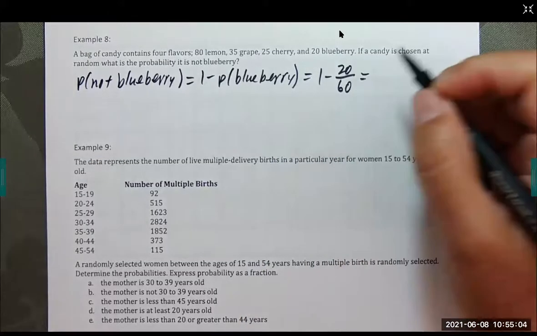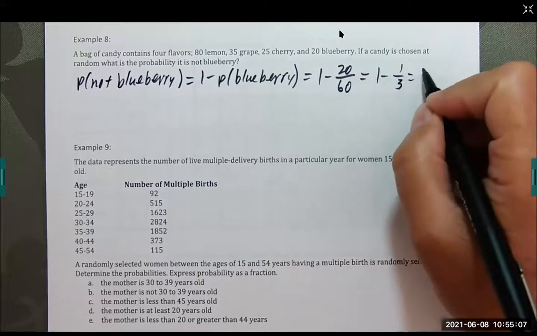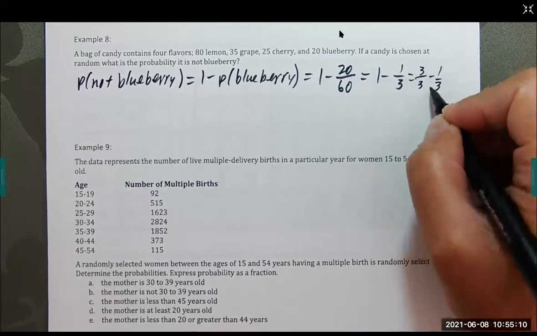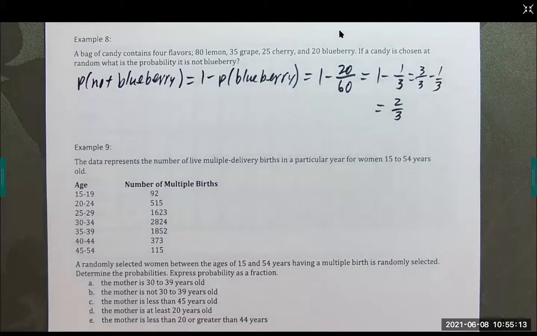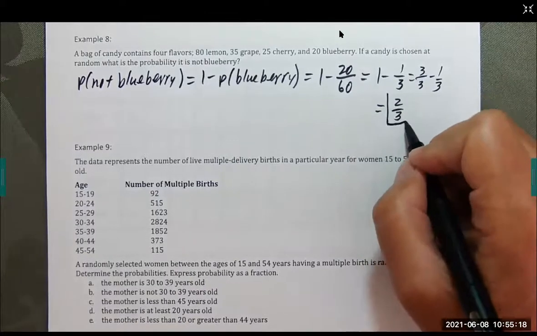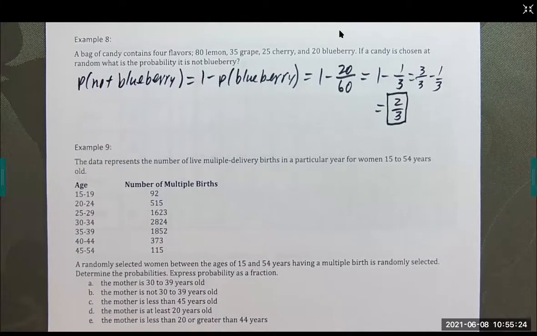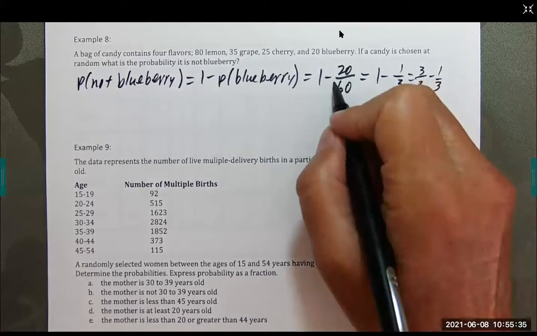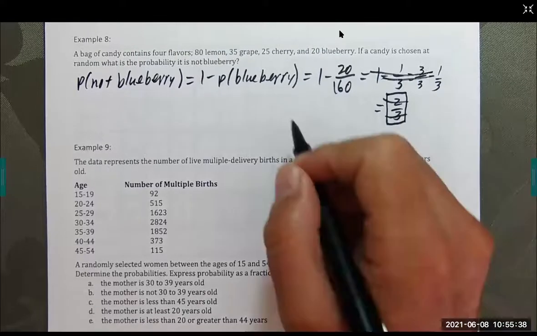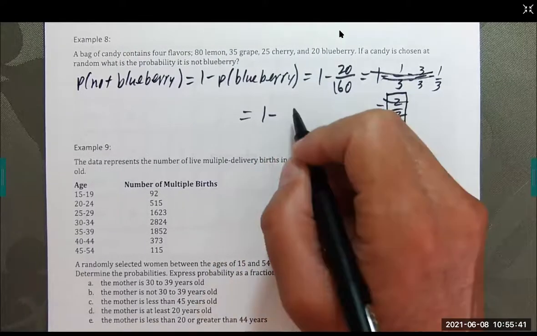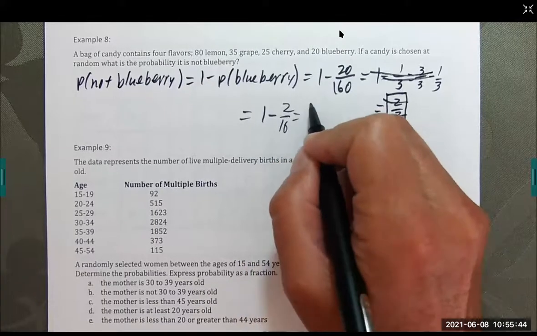I can reduce that and get a common denominator. So 1 minus 2 over 16, 1 minus 1 over 8.